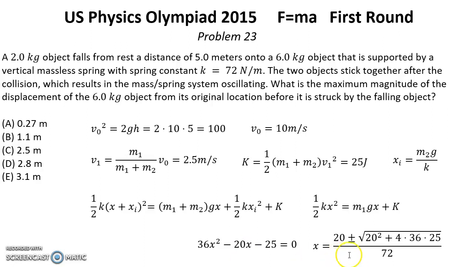One is positive, which represents the lowest position, and the negative represents the highest position. By magnitude, the lowest position will be greater than the highest position. So this is why we take the positive root, and that's equal to about 1.15, which is answer B.